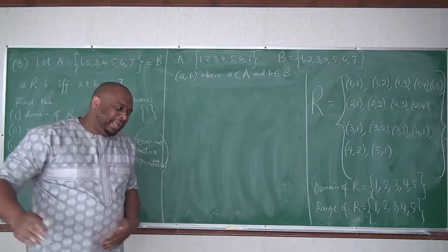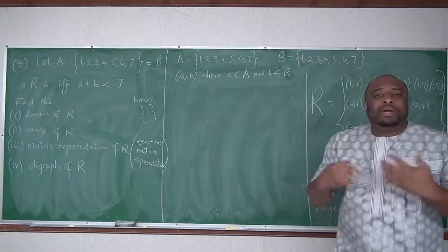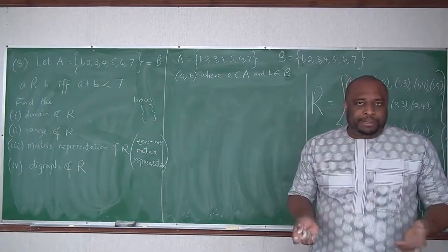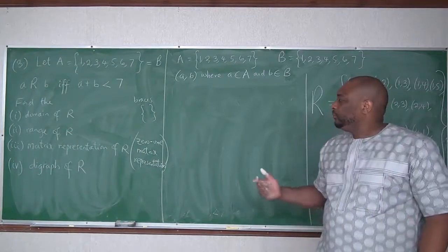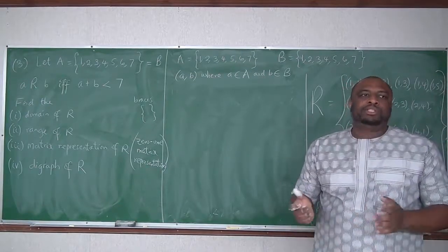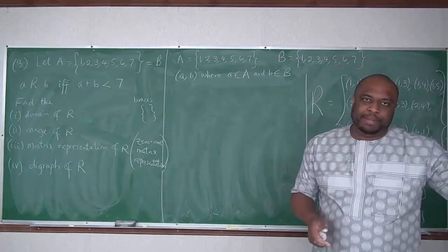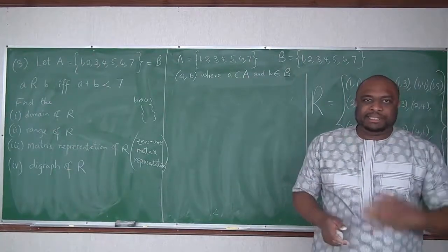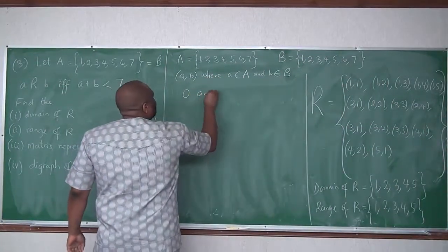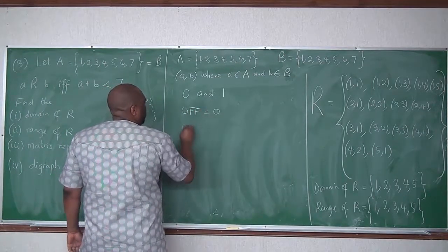Why? This matrix representation is the one that is mainly used in computer programming. Just look at it as your Boolean algebra. When we just did binary arithmetic, base 2, zeros and ones, 0 meaning off and 1 meaning on.